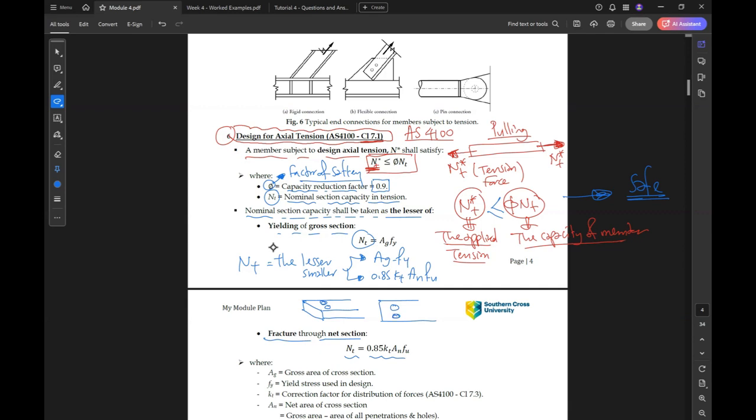At some places there are no holes. If there are no holes, the area is called A gross. The area at the holes is called area net. So here is area net; anywhere else, it is called area gross. So which one should be bigger, area gross or area net?